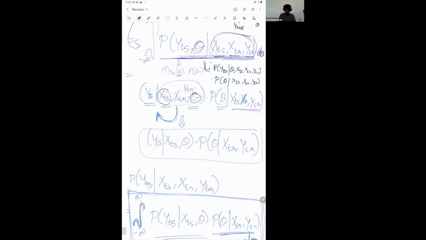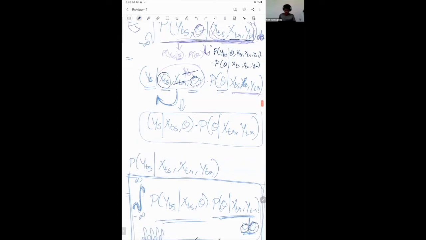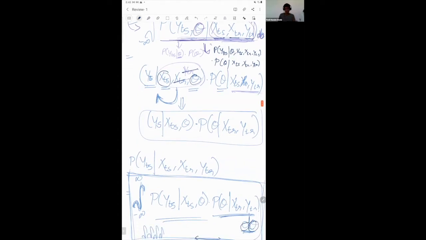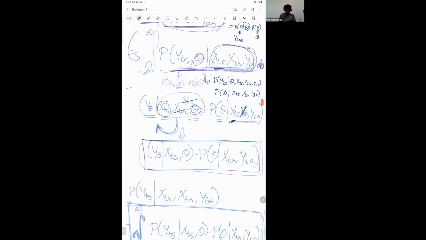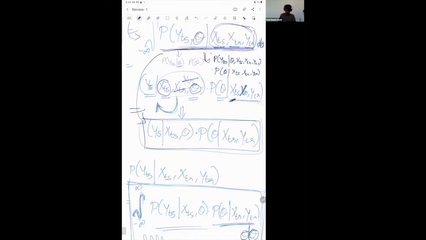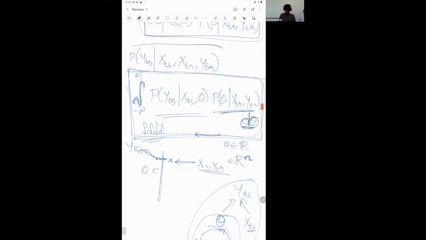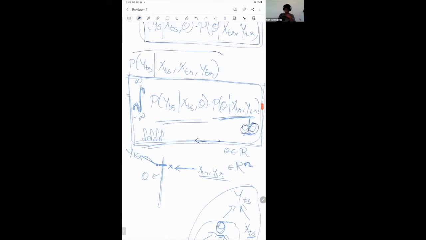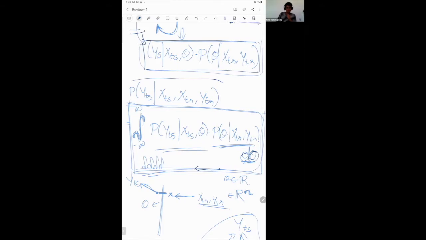So you discard these random variables, and similarly, you only need to guess your theta using x train and y train. You don't need your test set. And that's how we come up with this, which is the same as this, and then this is just rewriting this equation. So any doubts about these two proofs?